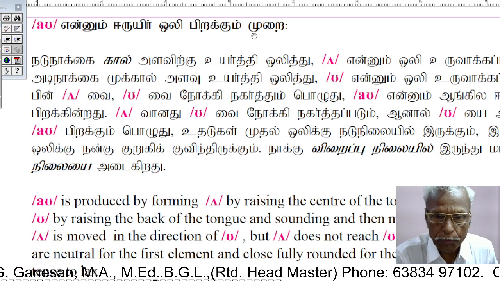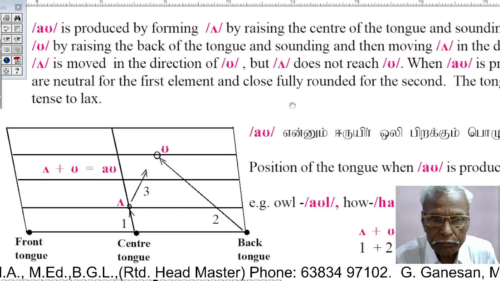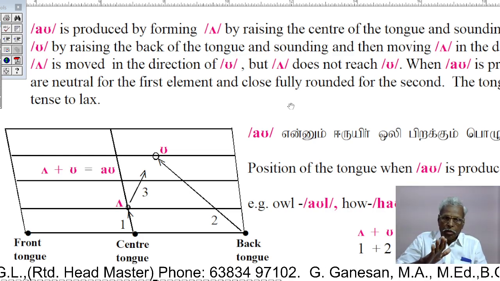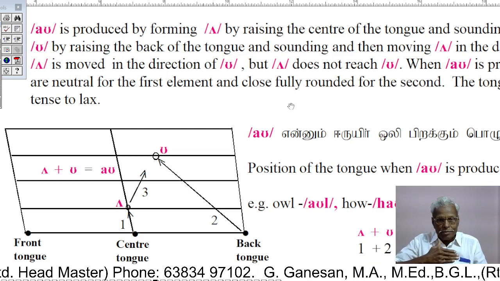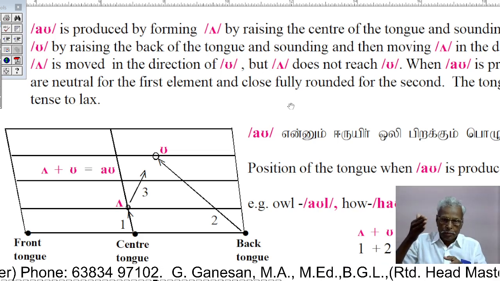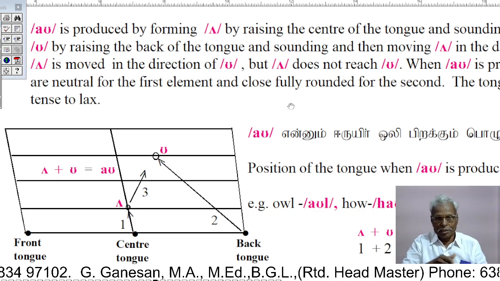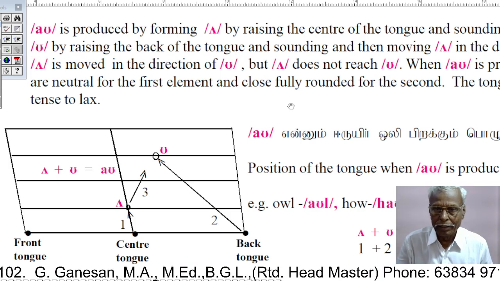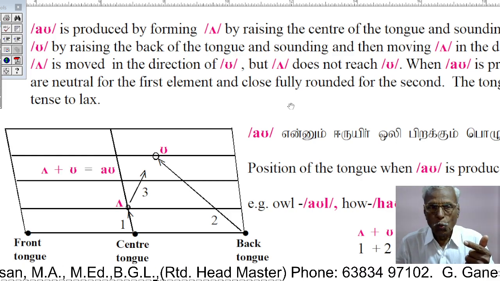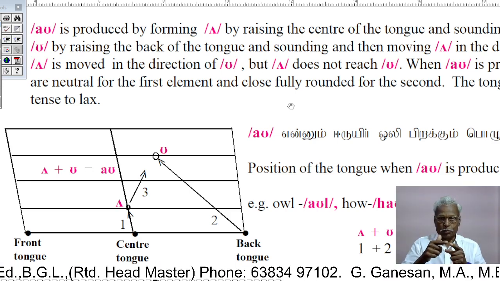Let us see how this phoneme is produced. /aʊ/ is produced by forming /a/ by raising the center of the tongue and sounding, and forming /ʊ/ by raising the back of the tongue and sounding, and then moving /a/ in the direction of /ʊ/.